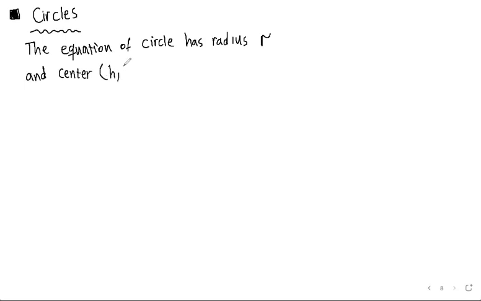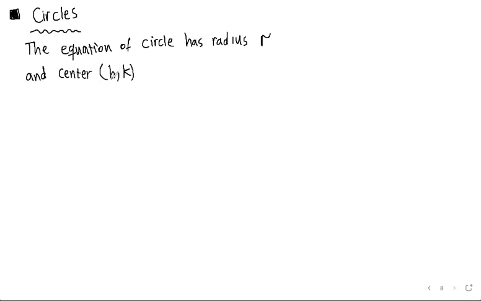So let me define the equation for the circle. The equation of a circle that has radius r and center h comma k.